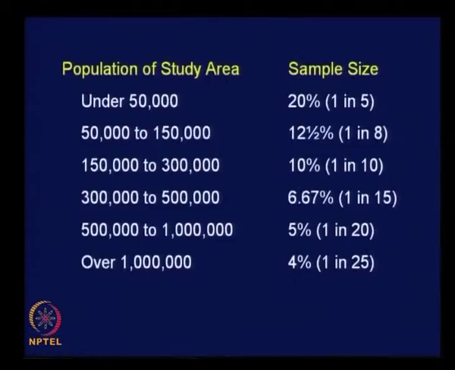If you do so, it works out to a higher percentage of a small number. Number is small, but the minimum required number of observations is more because you want to capture the whole of the variation, even though in absolute terms the number of households interviewed may be relatively small, right. When you work out this number as a percentage of the population, when the population is small, the percentage works out to be high, okay, 20%.